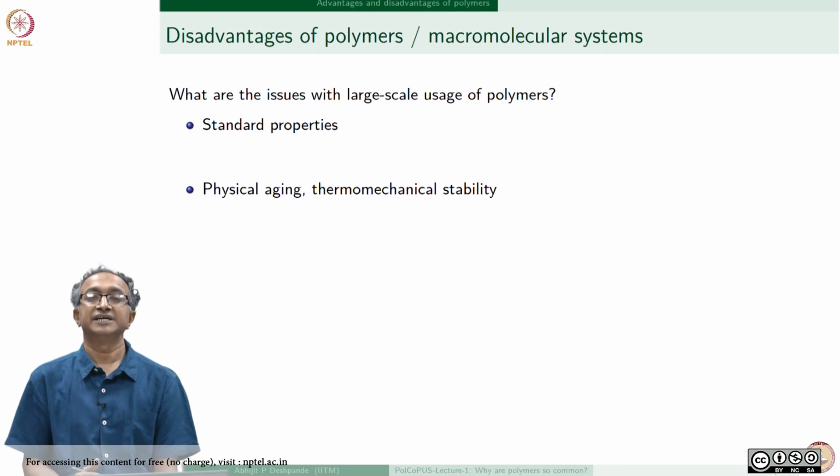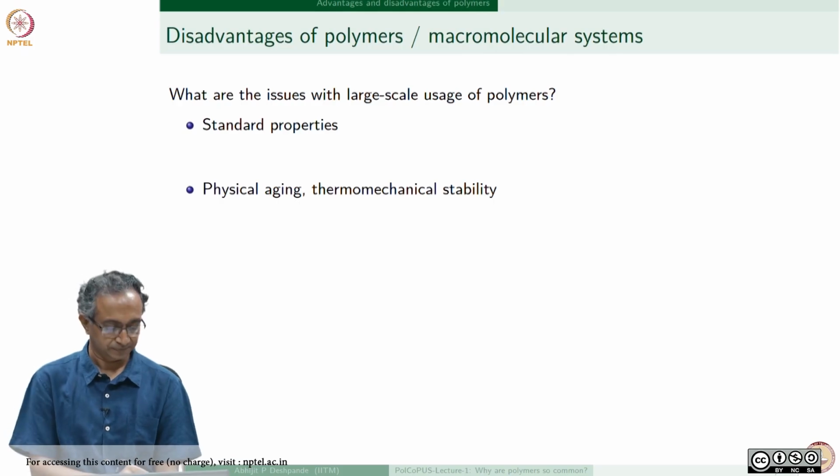So if aging and the degradation of properties is not well understood, then application of polymers would be difficult. And for a material to be used for a given application, engineers need to guarantee the service life. So the prediction of properties and service life of a polymeric material is more challenging.